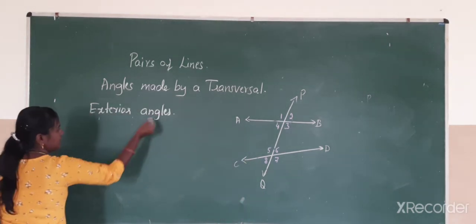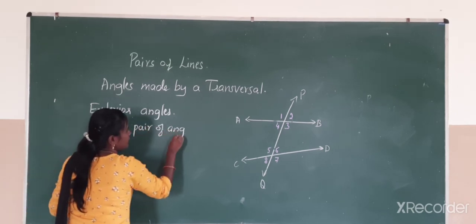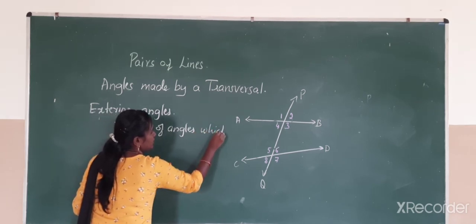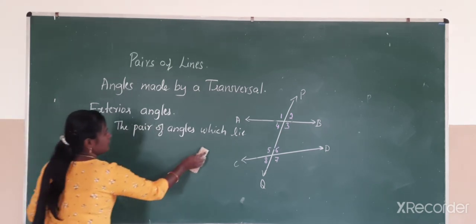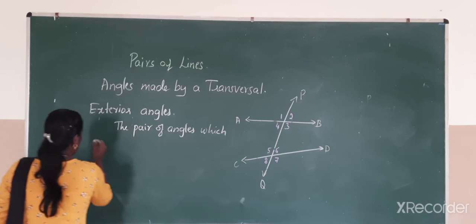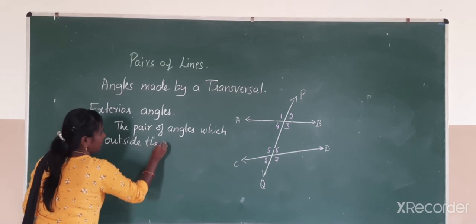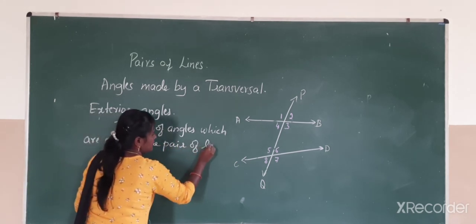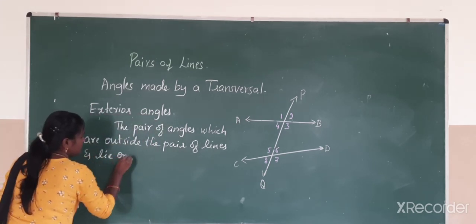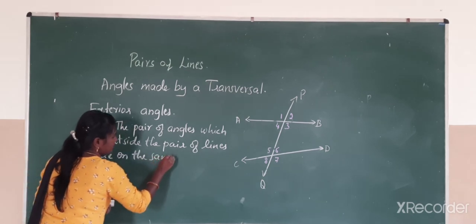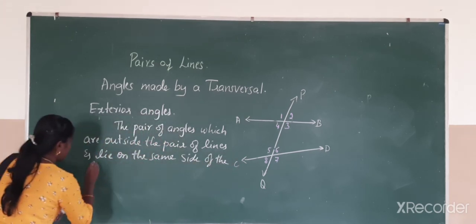Yes, exterior angles are the pair of angles which lie, pair of angles which are outside the pair of lines and lie on the same side of the transversal.